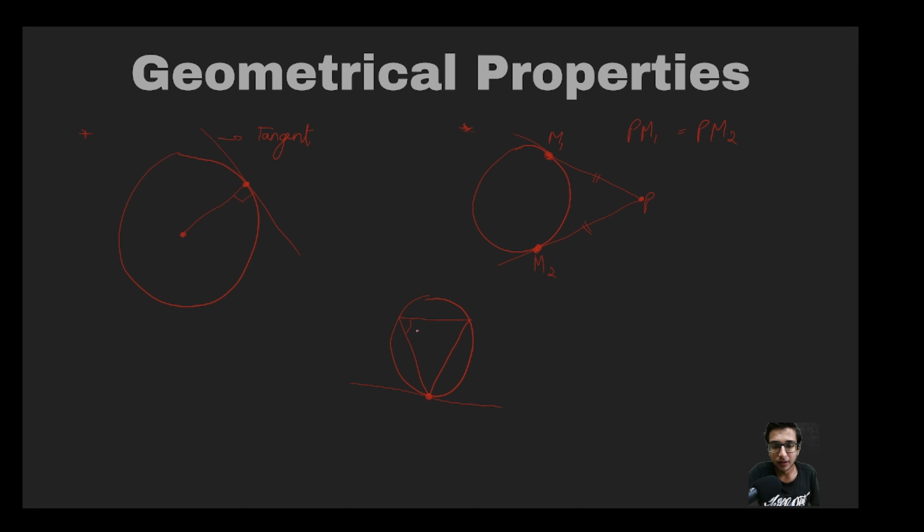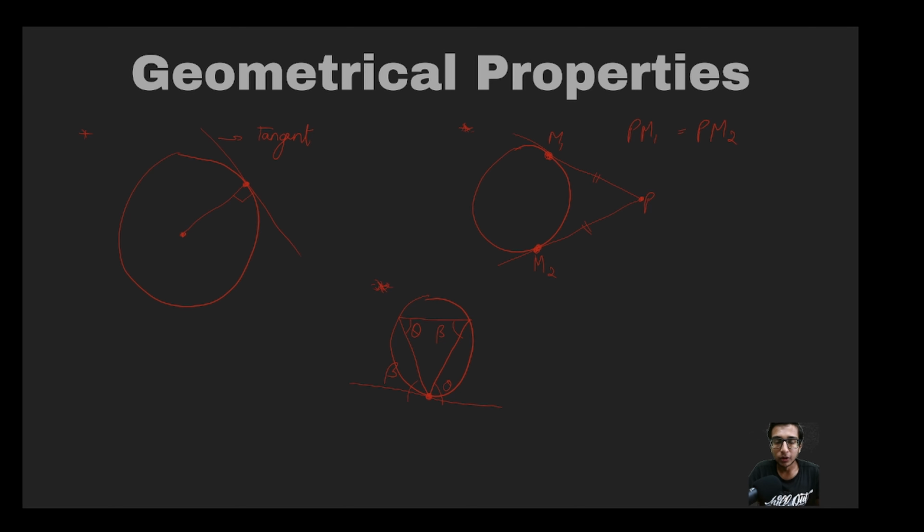If this angle of the triangle is theta, then this angle would also become theta. If this angle is beta, then this angle would also become beta. Again, another important thing that you need to remember. Basically these two are alternate angles, so they become, of course, equal. Again, a property that we had studied in our class 10th.